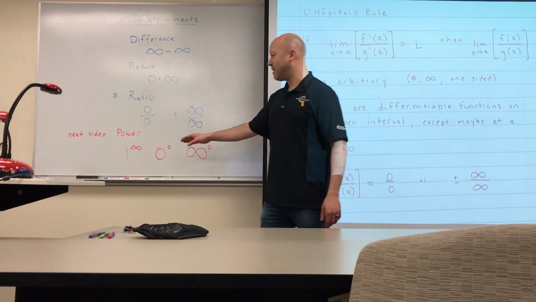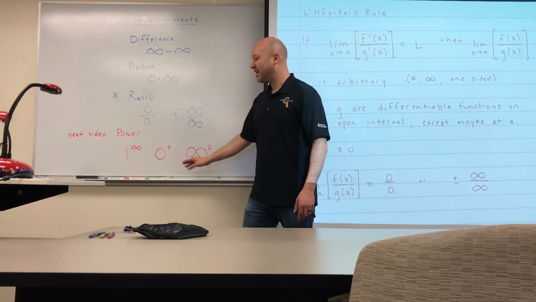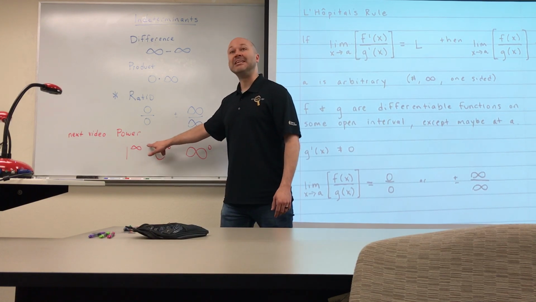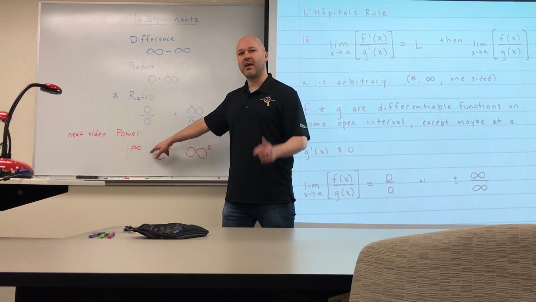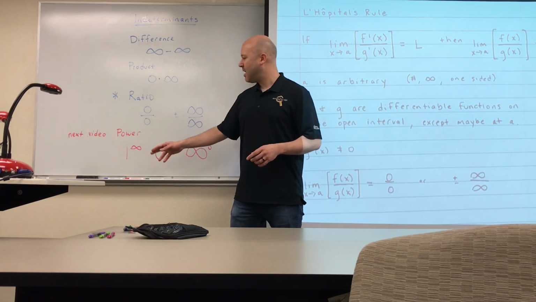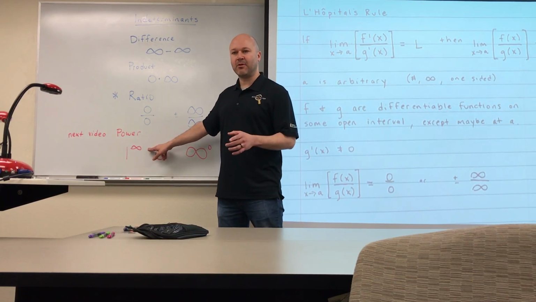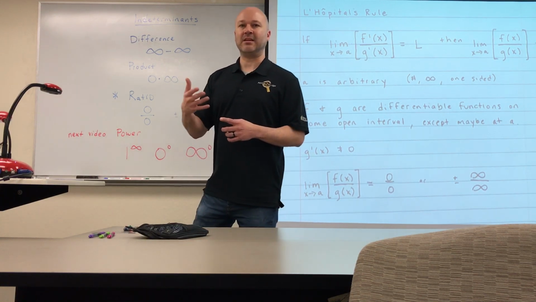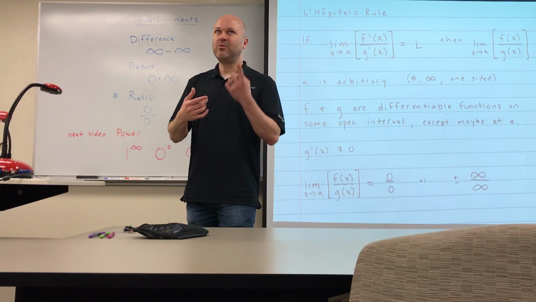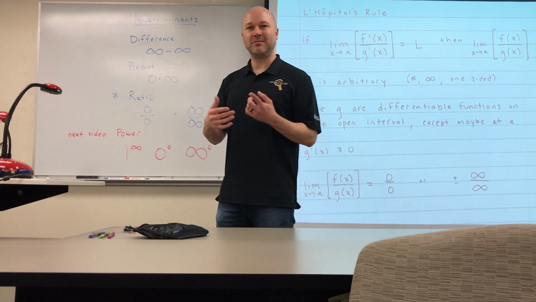In the next video, we'll talk about how to handle power indeterminates, but I can address the indeterminates themselves. 1 to the infinite power is just saying 1 times 1 times 1 times 1 forever. Again, infinity is not a number, so this is never going to end. I can't ever get to the end. I can't say it should be 1 because 1 to the 10th power is still 1.